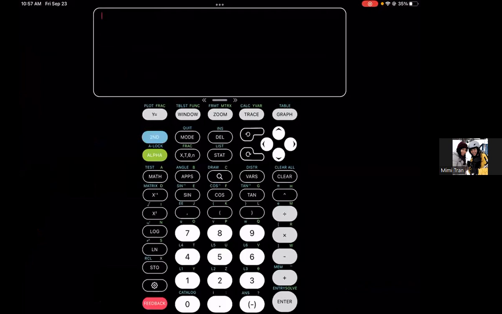Is it -2 times half, so 0.5 squared, and then plus 2 times half again, and then -2. Is that correct? Oh, my bad.